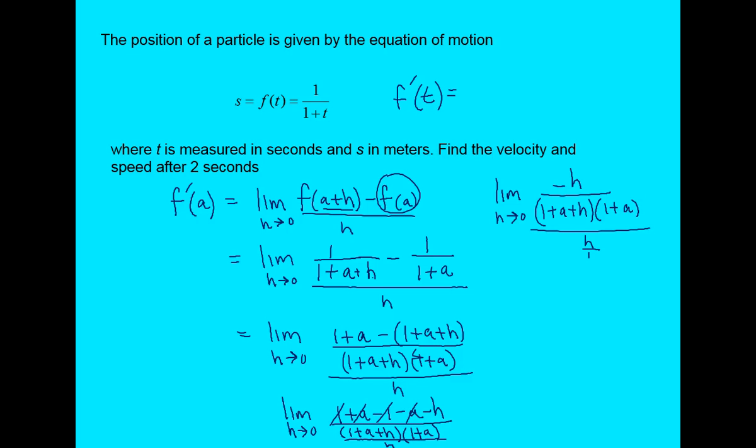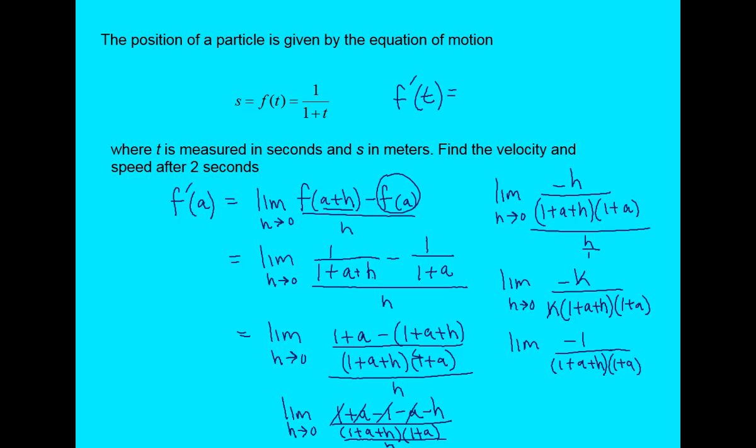And I could write h in the denominator as h over 1. And now if we invert and multiply, we would have -h times 1 over 1 plus a plus h times 1 plus a. And we can see that the h's reduce, and we are left with the limit of -1 all over 1 plus a plus h times 1 plus a.